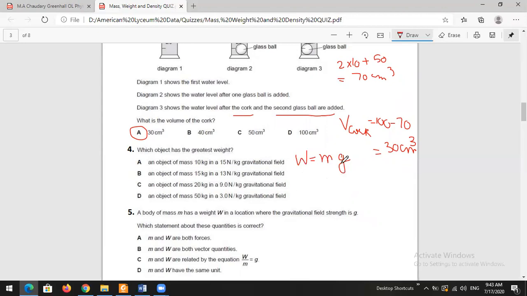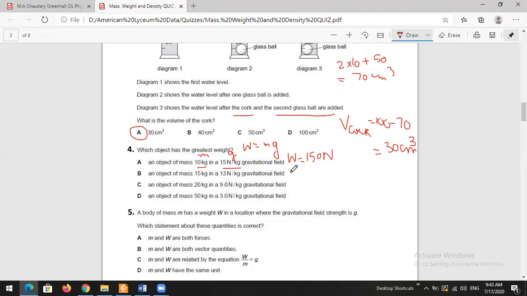So this formula will apply on this. Weight will be equal to mg. So m is given, and this is g, gravitational field strength. So calculate 10 multiplied by 15 gives you 150.